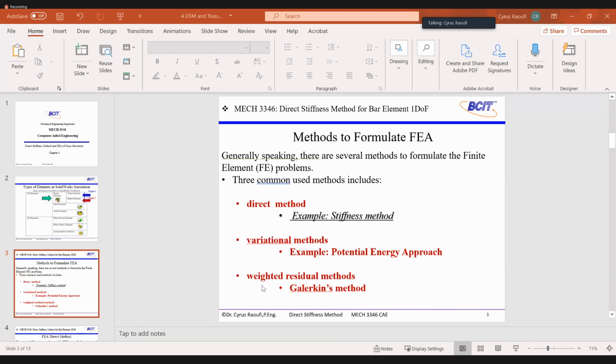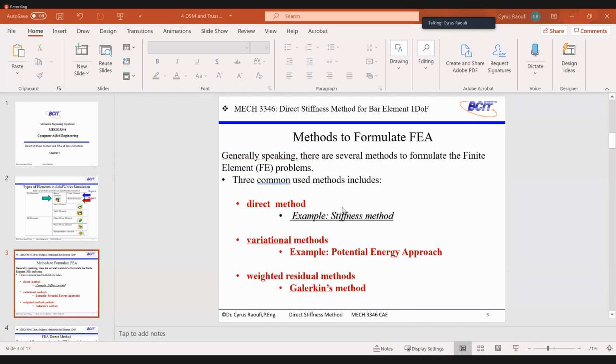And finally, we have weighted residual methods that I'm not going to talk about. Look at the textbook, there is some explanation for that one. What we have in this course, we are going to look at direct method, the first one. It also is called a stiffness method, direct stiffness method, or DSM.